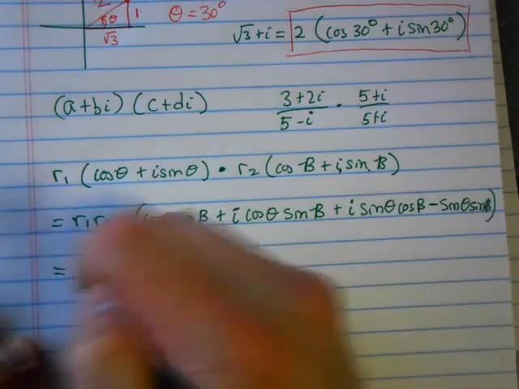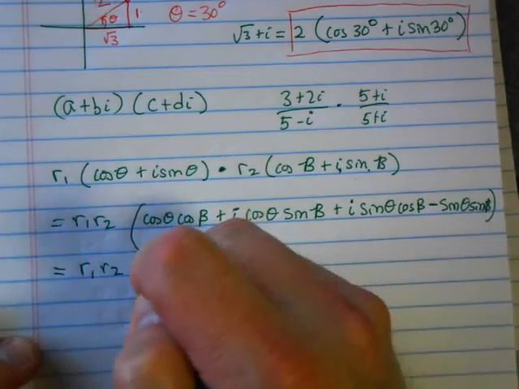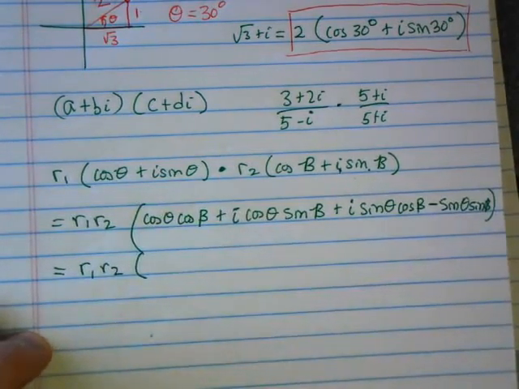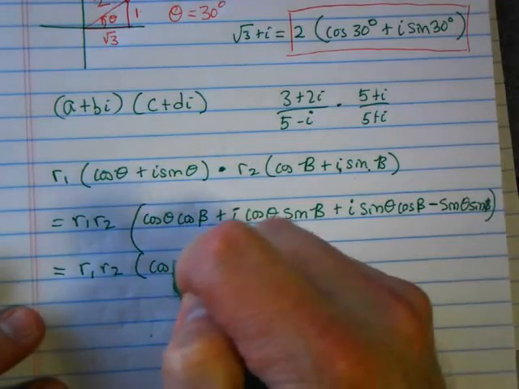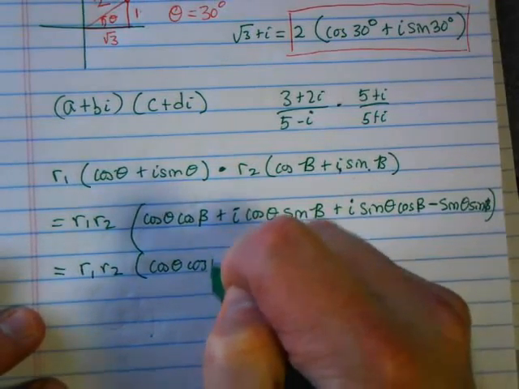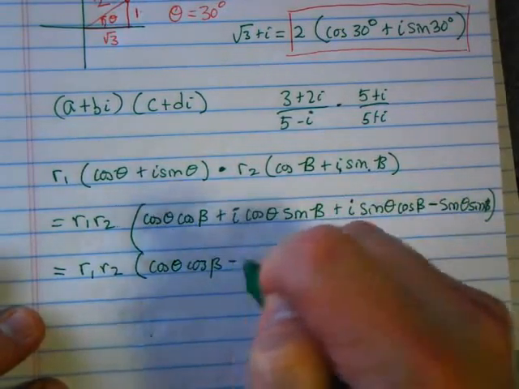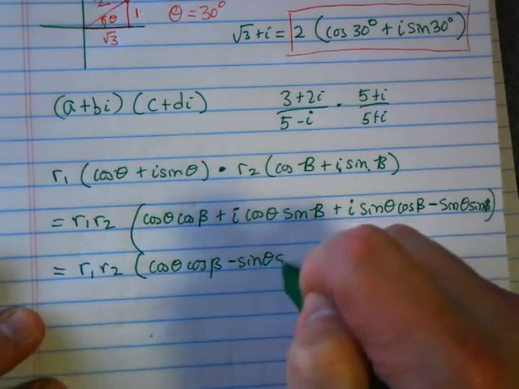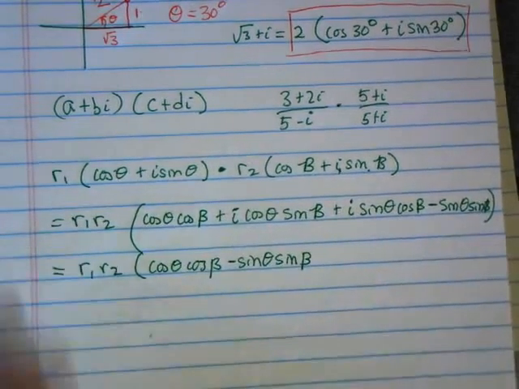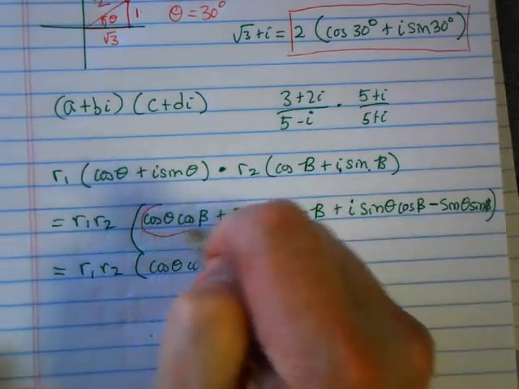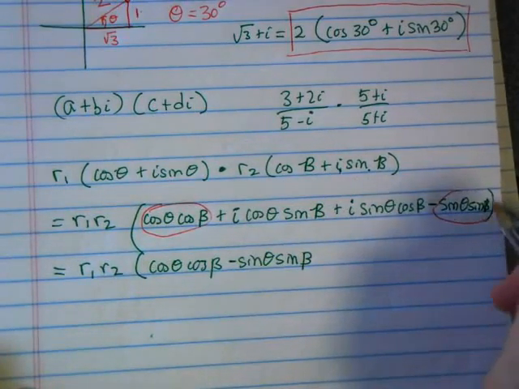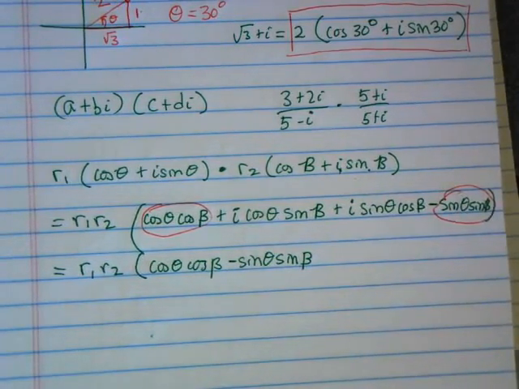You watch this. This is r1 r2 times, I'm going to write this as cosine theta cosine beta minus sine theta sine beta. So I took this one and put them next to each other because neither of those had an i in them. And then I'm going to take the two that had the i in them and I'm going to put them together.